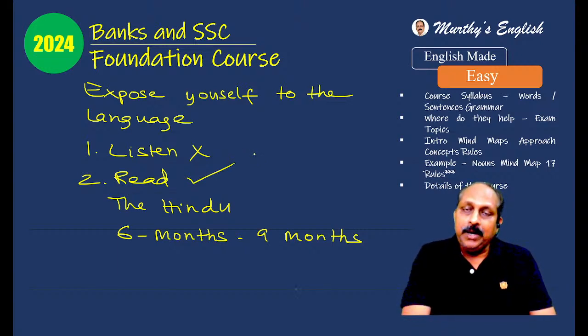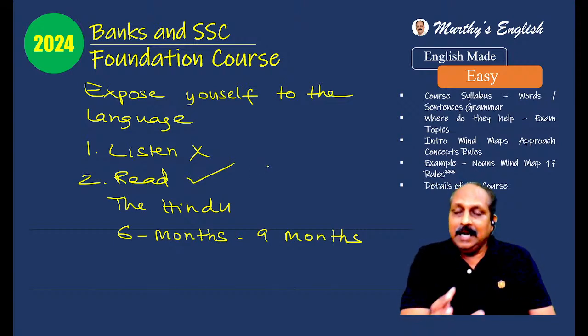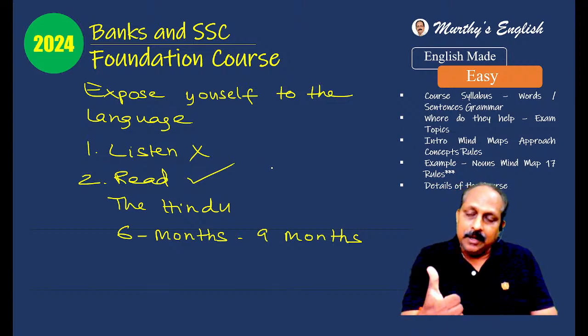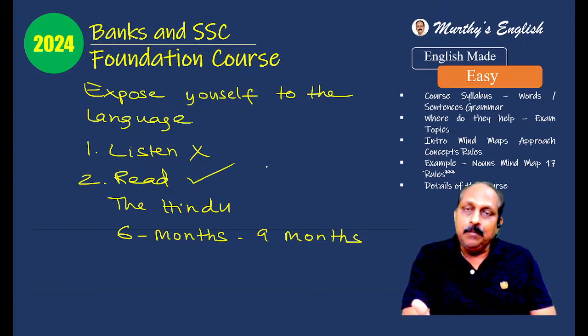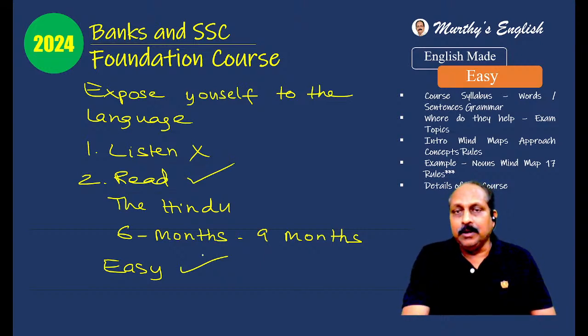You're exposed to effective English. You're exposed to so many contexts. In the exam, you get the same context, same words, same idioms, same phrasal verbs, same prepositional combinations. Then it becomes easy. You can handle effortlessly. This should be the approach.